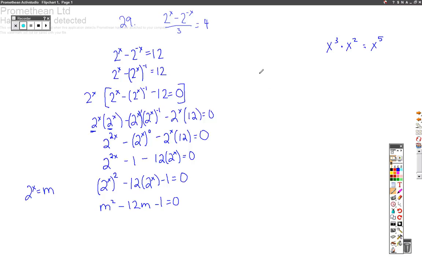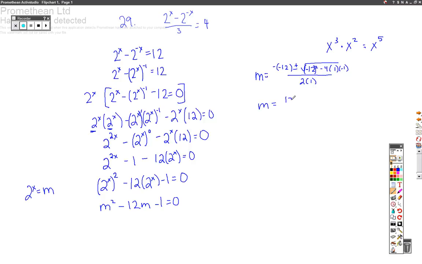So all I can do is say m is equal to, and I'm going to have to use the quadratic formula, negative 12 plus or minus the square root of 12 squared minus 4 times 1 times negative 1, all over 2 times 1. Remember, this is really negative 12 quantity squared.